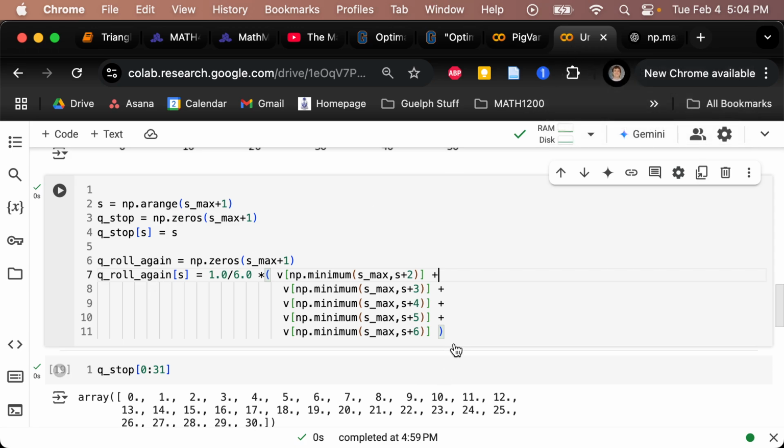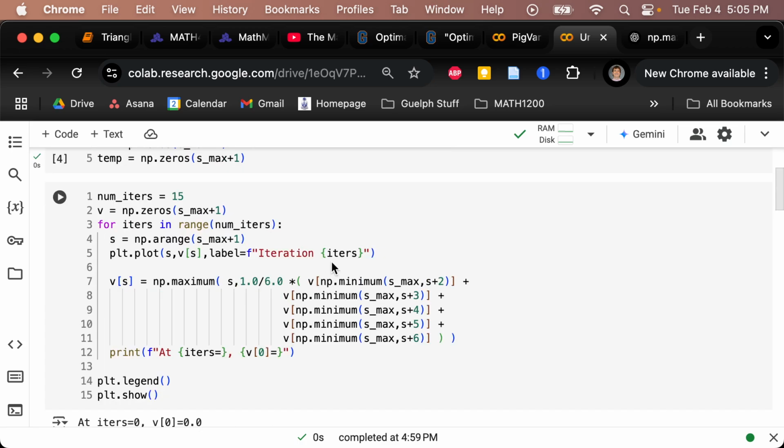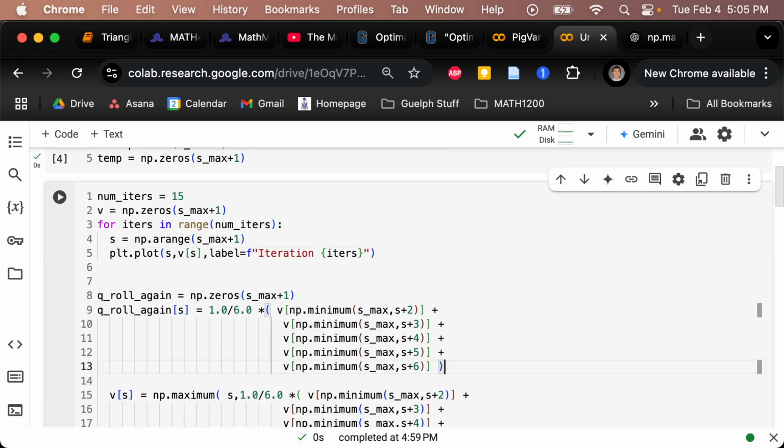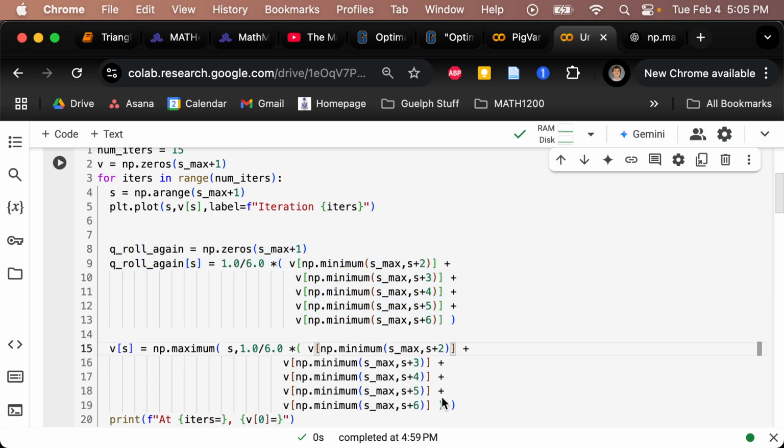And in our code, it's actually very easy to write. So I'm going to copy and paste these Qs, which we did later. Let me put them in up here. And actually, what we did with V was the maximum of the two things.